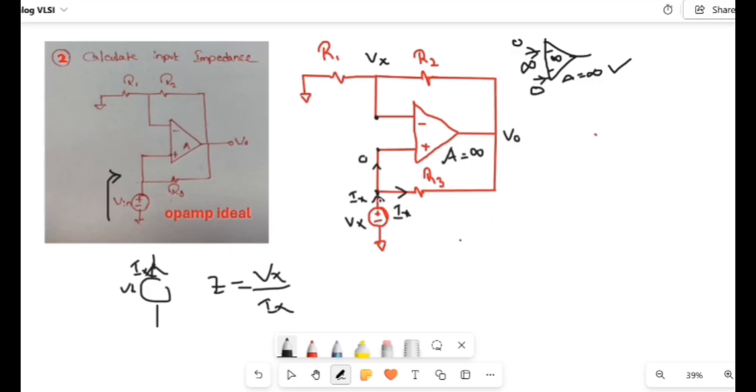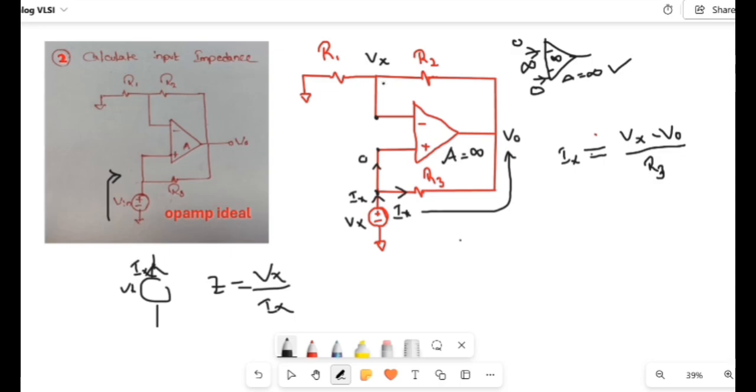Now if we see the current passing in this path, this Ix will be equal to Vx minus V out divided by R3, right? I think it's making some sense.